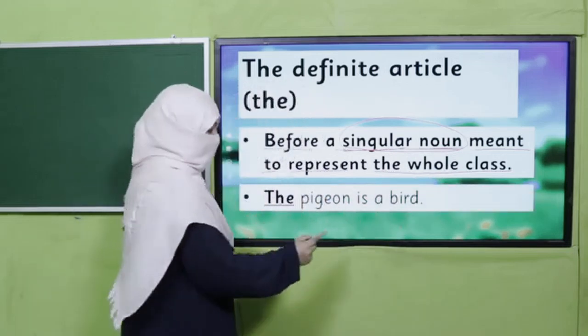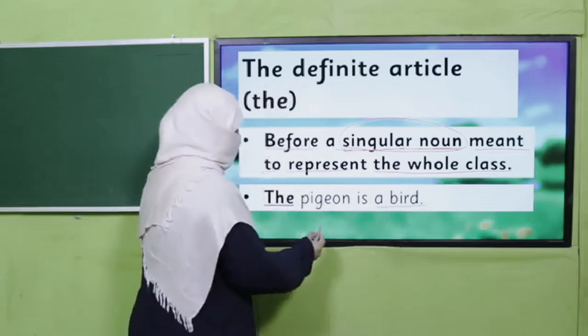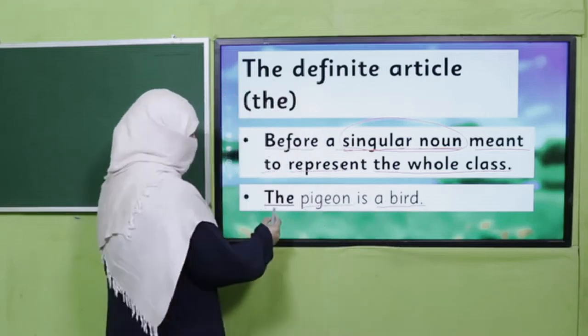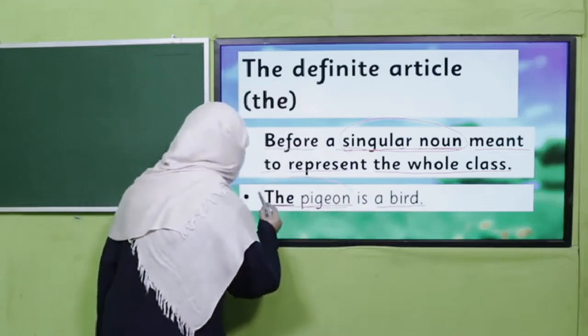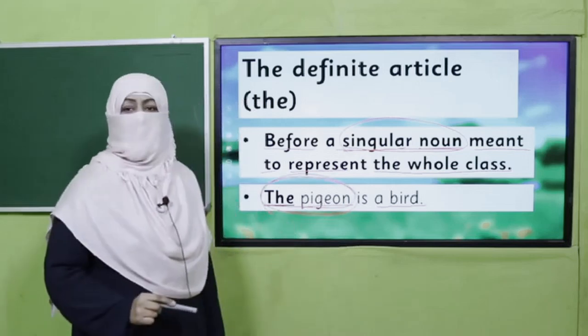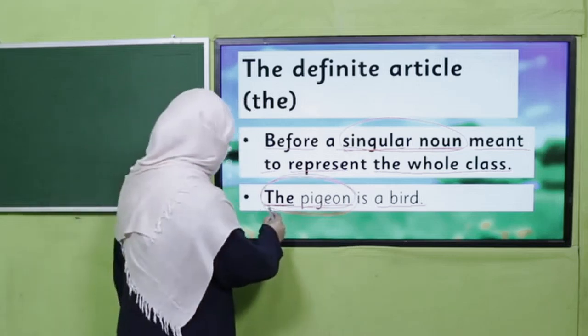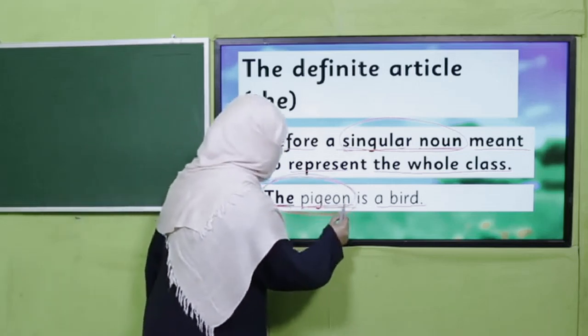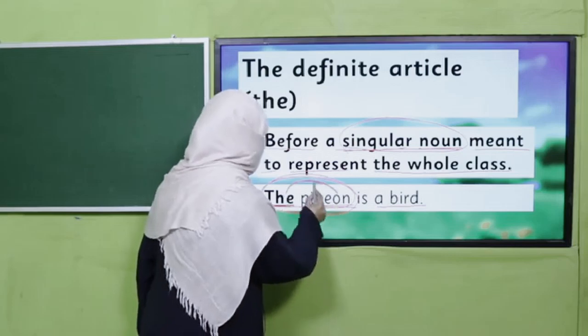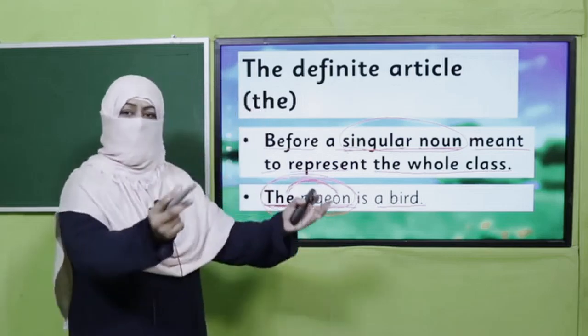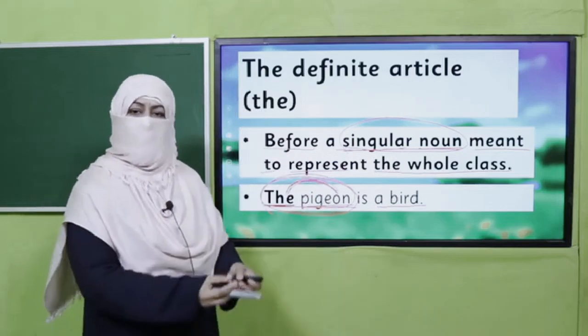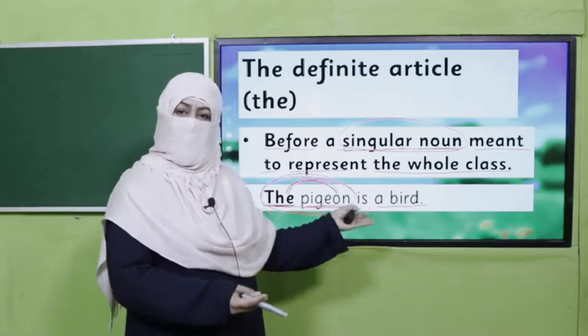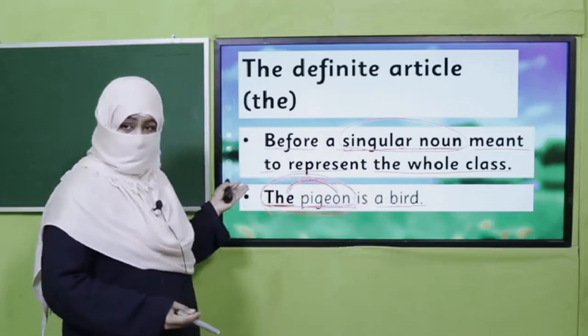Now, a bird, pigeon. Pigeon is a bird. But when I say the pigeon, it means all the pigeons are birds. So this the with the singular noun pigeon makes it a complete class of pigeons. All the pigeons are birds. The pigeon is a bird. Right? Are you getting it?